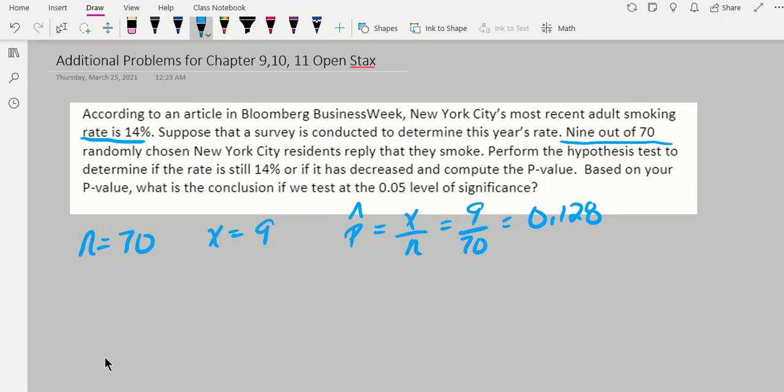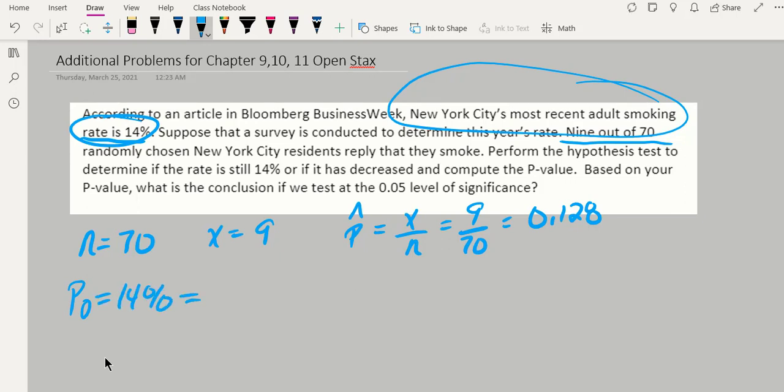Another piece of information we know is that our population proportion, for the population of New York City, is 14%. So we could say p naught, or p, would equal 14%. However, we don't deal with percentages as a percent, we deal with it as a decimal, so that'd be 0.14.